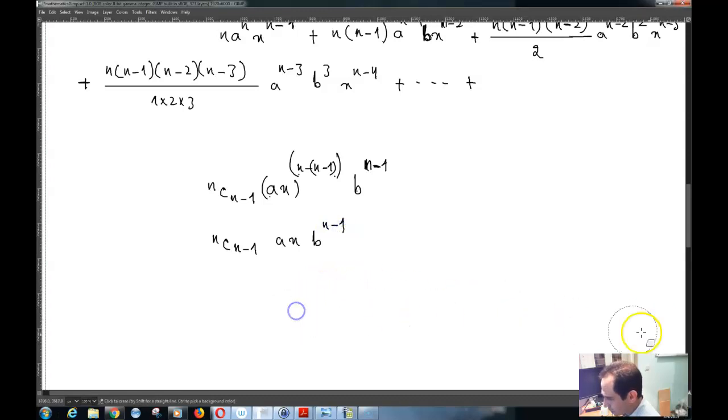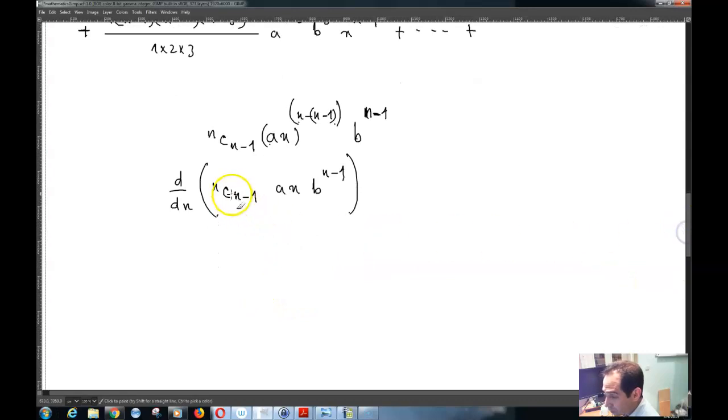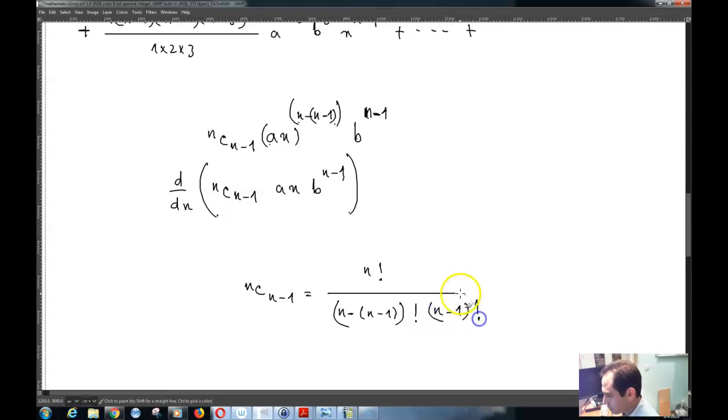So if you want to take the derivative of this, d by dx of this whole thing, first of all, n combination n minus 1 is the same thing as n factorial over n minus 1 factorial times 1 factorial.